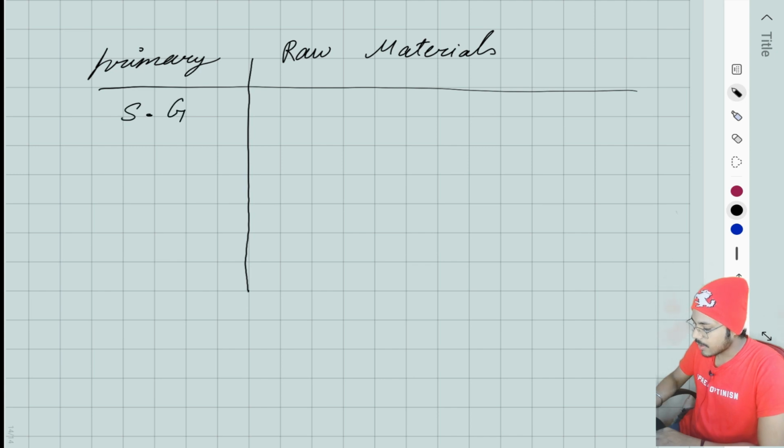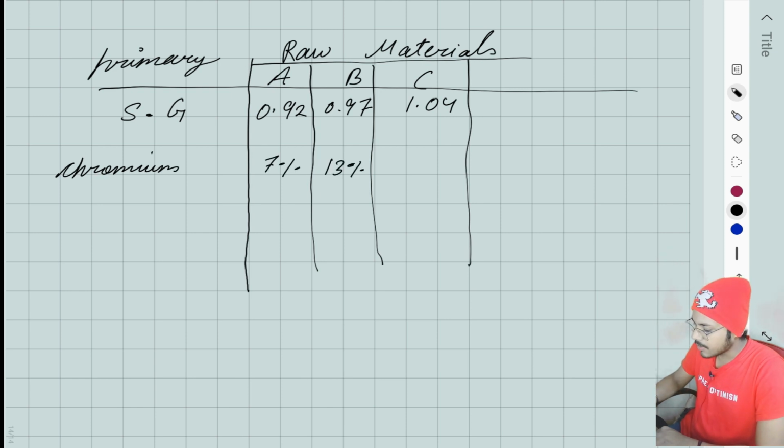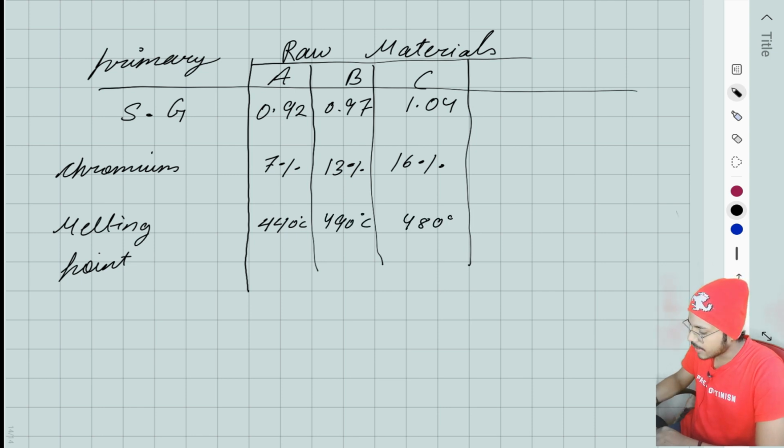Specific gravity for A is 0.92, for B is 0.97, for C is 1.04, and chromium is 7%, 13%, 16%, and melting point is 440 degree centigrade, 490 degree centigrade, 480 degree centigrade.